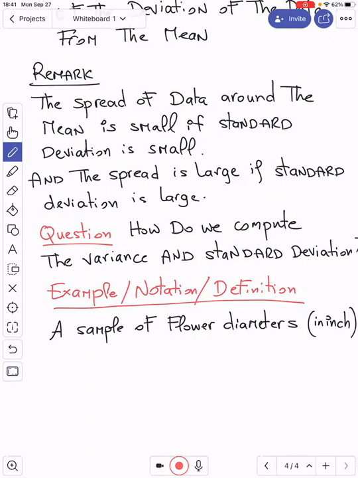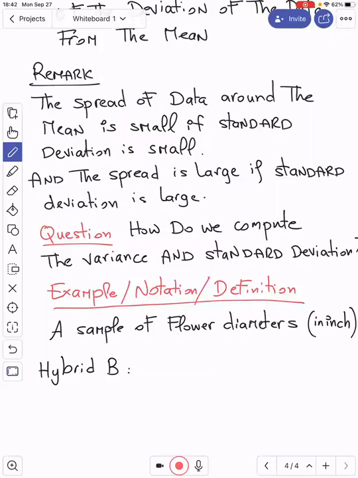Let's start with hybrid B, and then we're going to compute the same thing for hybrid A. Then we're going to compare the standard deviations of both hybrids and see the difference between the standard deviation and the variance.